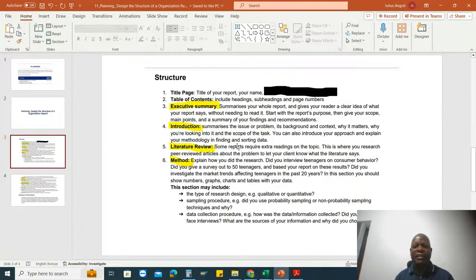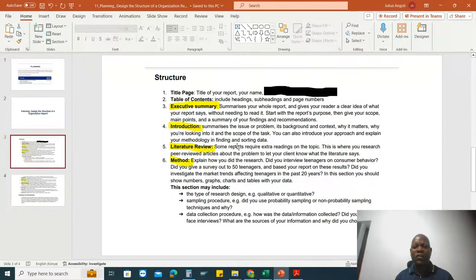So we'll be looking at the executive summary and abstract, and how to write them. You'll be doing exercises around there so that you can see the summaries and how they are written, how you can summarize a whole report through an executive summary or an abstract.